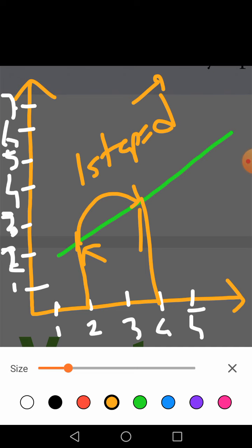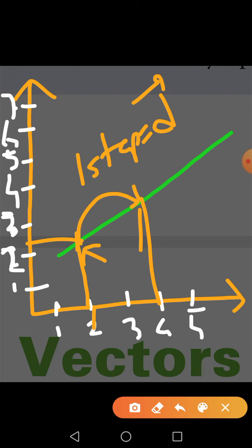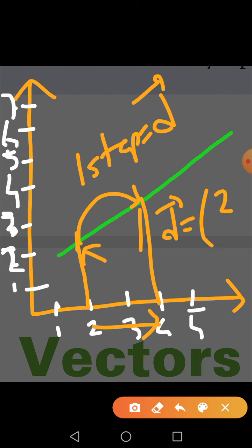So here you have moved from 2 to 4. That means along the x direction you have moved 2 units in one step. And in the y direction, let's see. This is 2.5 and this is 3.5, so from 2.5 to 3.5, it is 1.